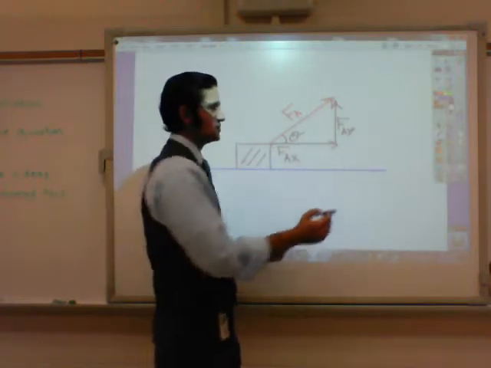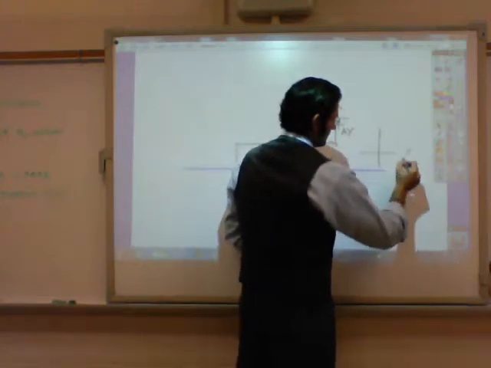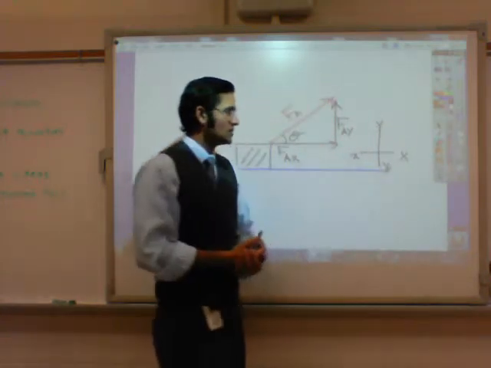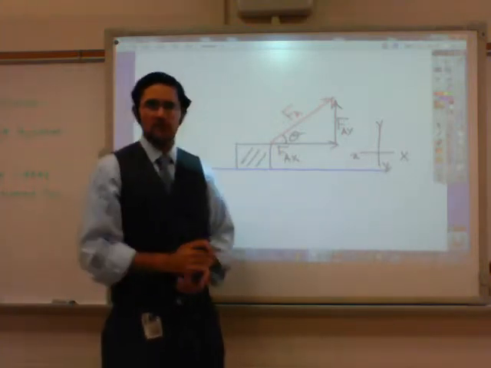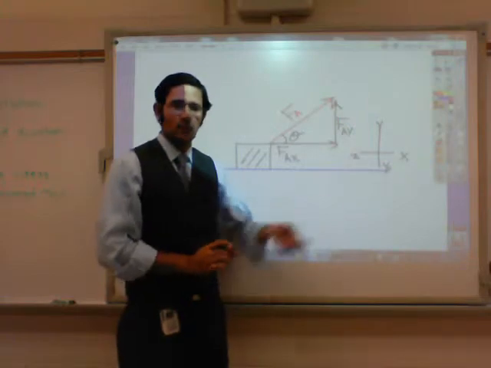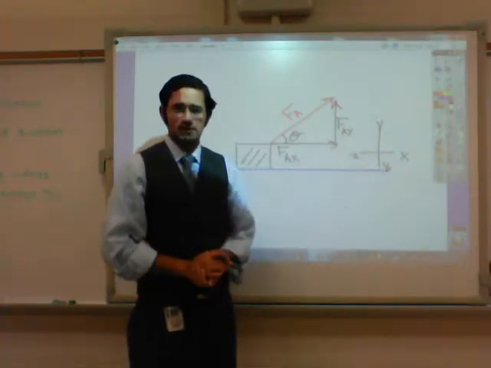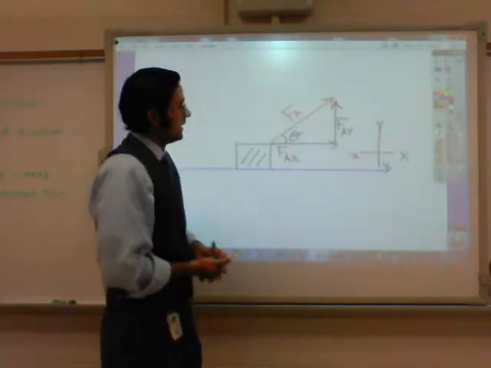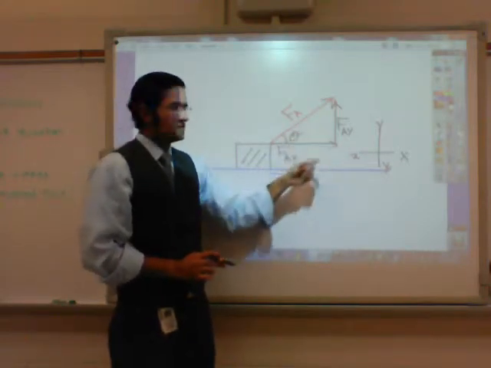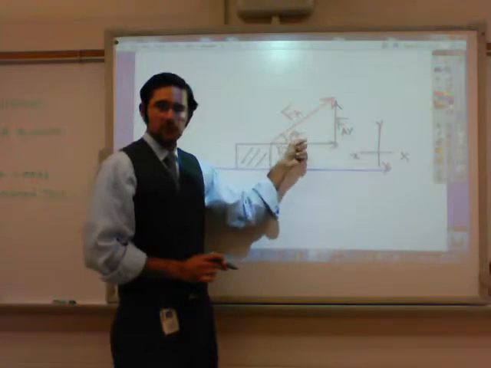Keep in mind, I'm using the traditional XY coordinate system that was taught to us in our math classes, where the x-axis is parallel to the horizon and the y-axis is perpendicular to the horizon. How do you calculate the Fax? Well, this is a right triangle, so if you need to find the adjacent side, you use cosine theta.